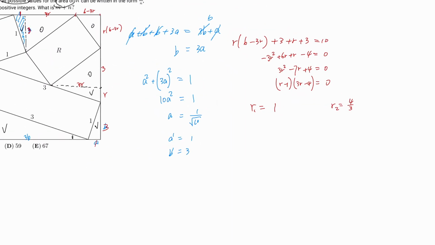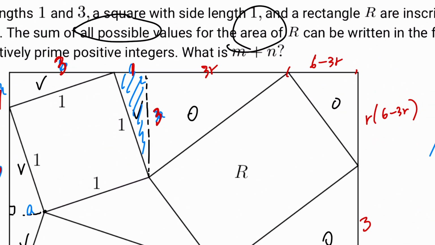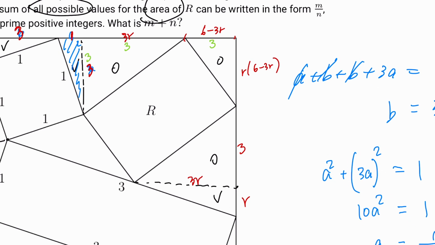So if R is equal to 1, then let me pick a different color. Let's say green. If R is equal to 1, then this side is 3. This side is 3 times 1, which is 3. This side is 6 minus 3, which is 3. And this side is 1 times 3, which is 3.